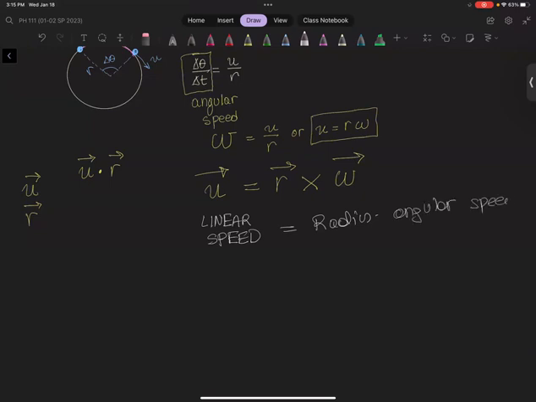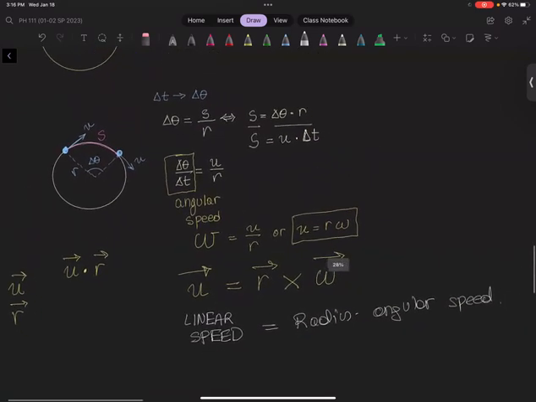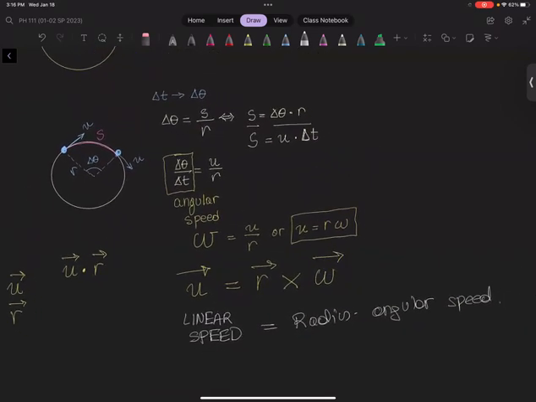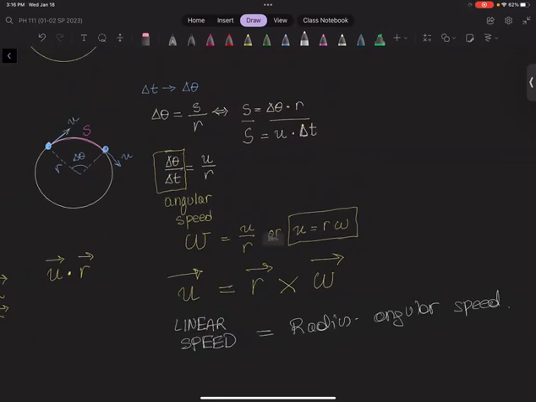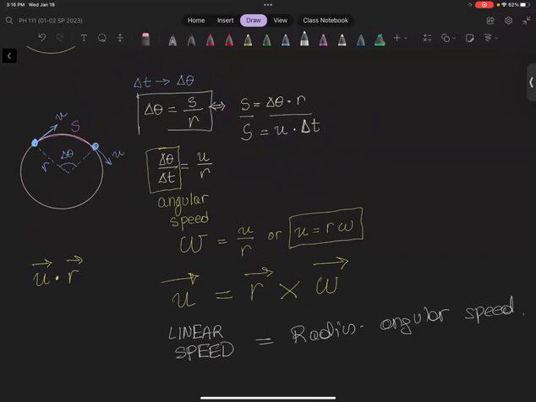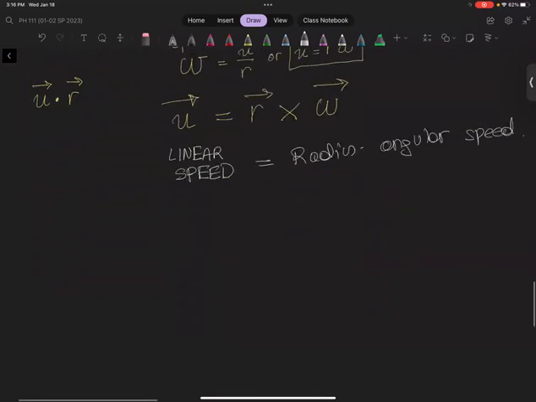This is the second bridge that we are building between something that moves from left to right, aka linear motion, versus something that moves along a circle, aka circular motion. The first bridge came from basic trigonometry, right? This is how we derived it. And the second one is this guy in its vector form.